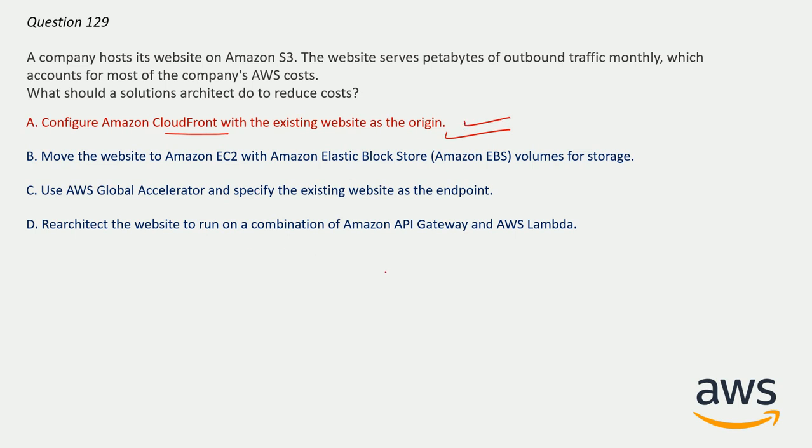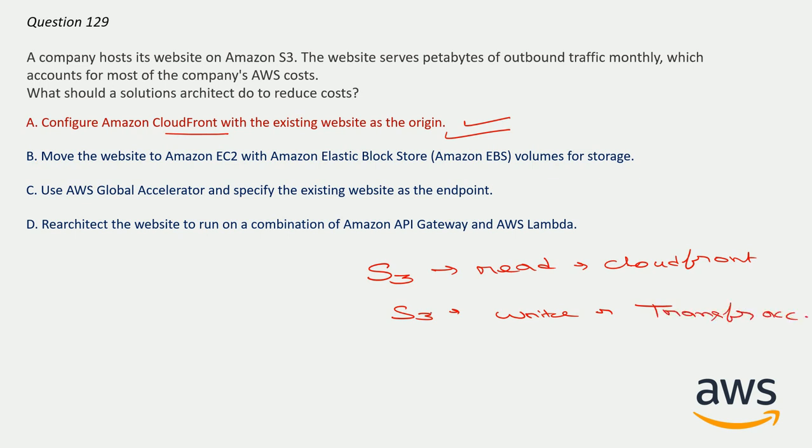Let me explain: if data is being read from S3, then go for CloudFront. And if data is being written to S3, in that case, go for Transfer Acceleration. I hope this is clear to you.